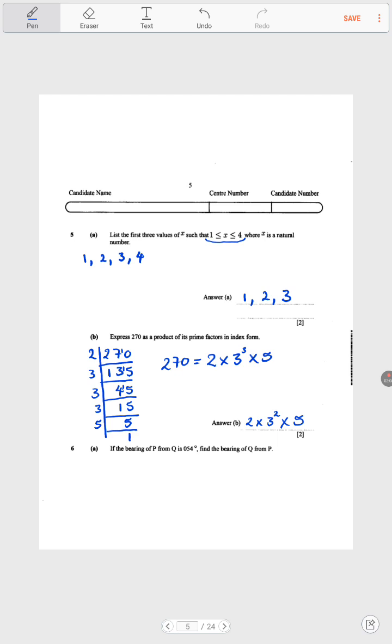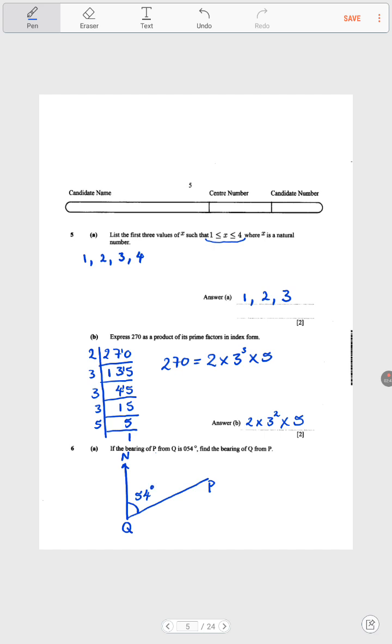So you can write your answer in the answer space. And number 6, part A reads, if the bearing of P from Q is 54, find the bearing of Q from P. So here I want you to take note. It says P from Q. So from, that's where the north line is going to be. So our north line here is going to be on Q. And they say the bearing of P from Q is 54 degrees.